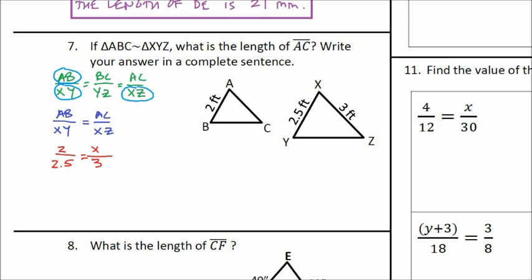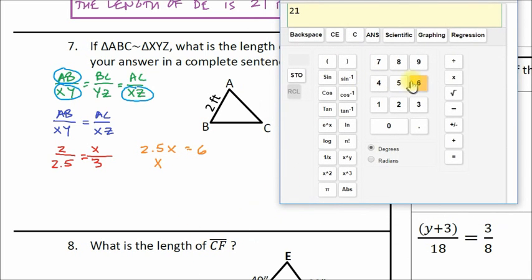We can go ahead and cross multiply now. X times 2.5, so 2.5x is equal to 2 times 3, which is 6. Divide both sides by 2.5. So we're going to do 6 divided by 2.5, and we've got 2.4.